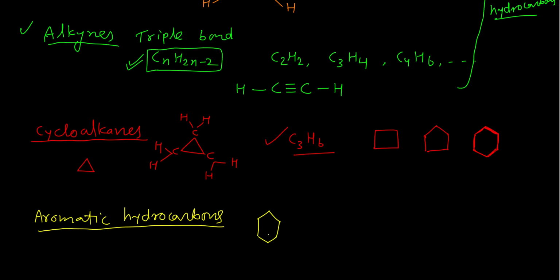In this ring, all these carbons are occupying the corner positions, and the free valencies will be satisfied by hydrogen atoms, and alternate double bonds are also present here. 1 double bond here, 1 double bond here, 1 double bond here. So each carbon is having 1 free valency. Those free valencies will be satisfied by hydrogen atoms.